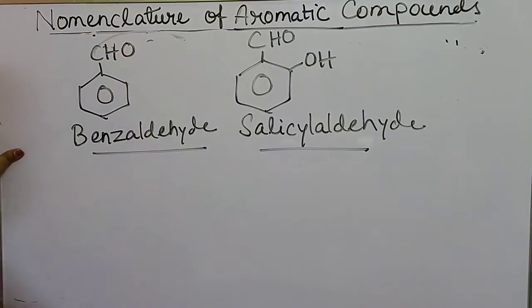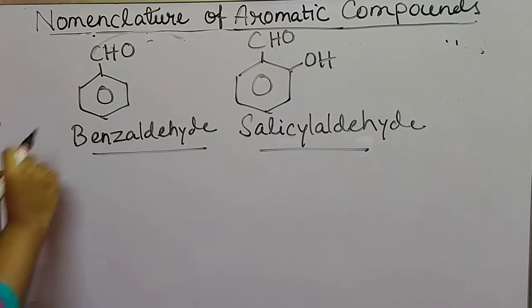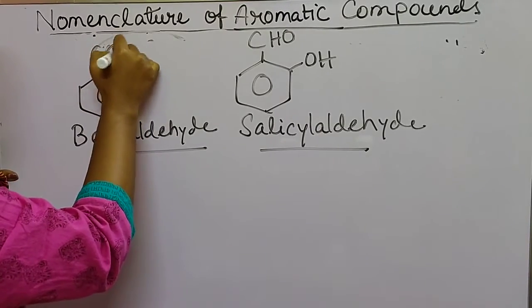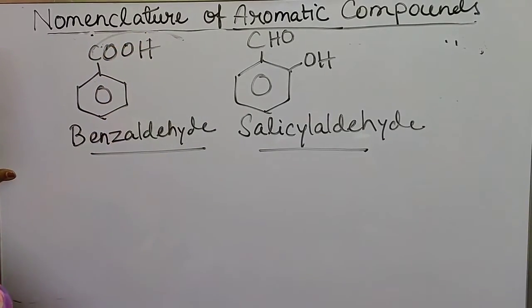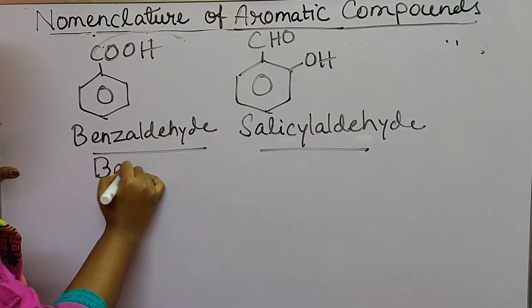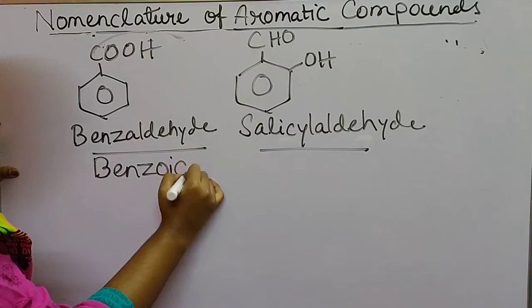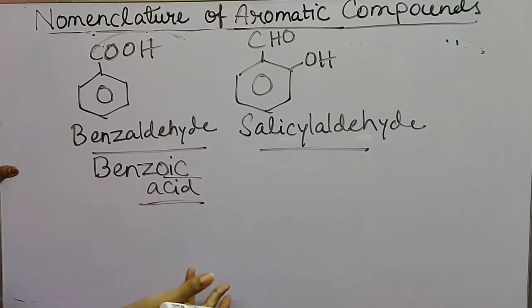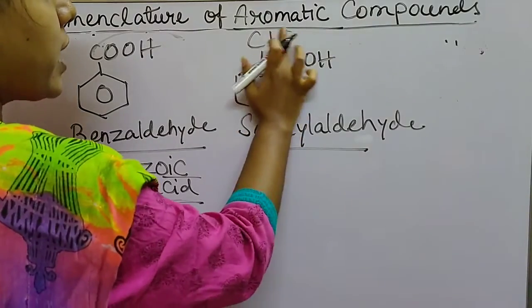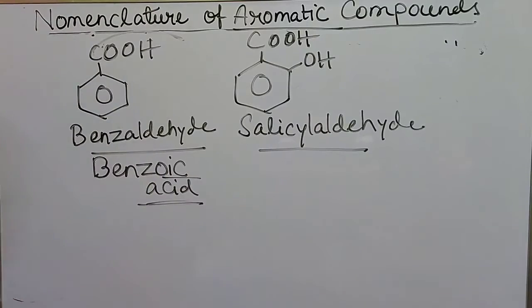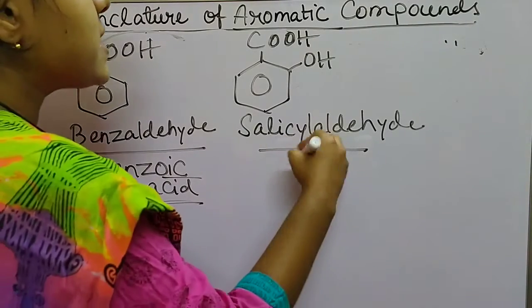Okay, salicylaldehyde. If in place of CHO there was a carboxylic acid like COOH, then the name will be benzoic acid. Benzoic acid, acid means carboxylic acid is present here, and if there is COOH and at ortho position there is an OH, so the name will be salicylic acid.